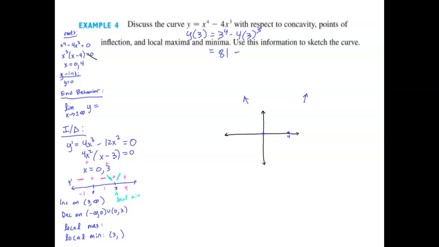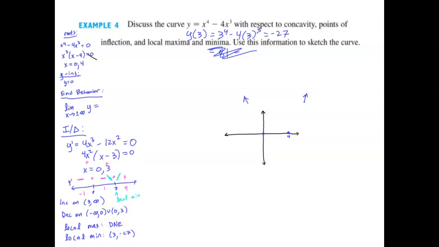All right, so I get negative 27 is what this comes out to. So I have a local minimum at (3, negative 27). And there is no local maximum, does not exist.